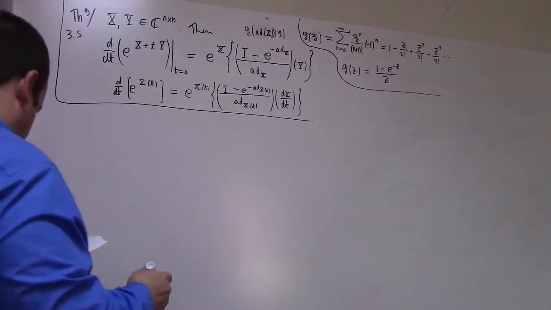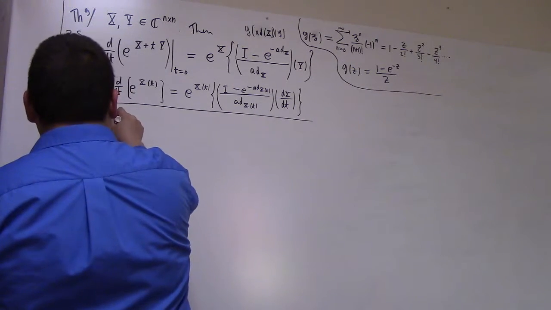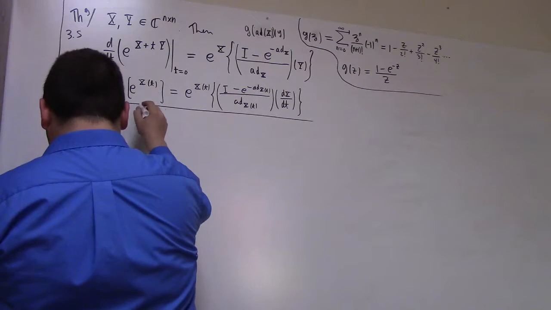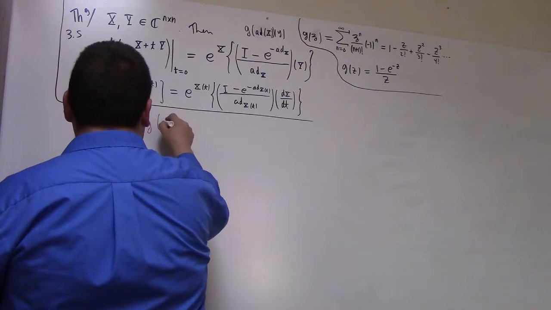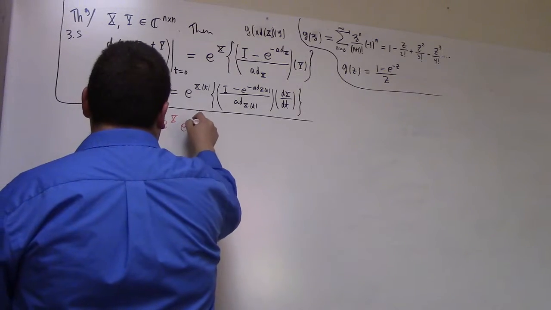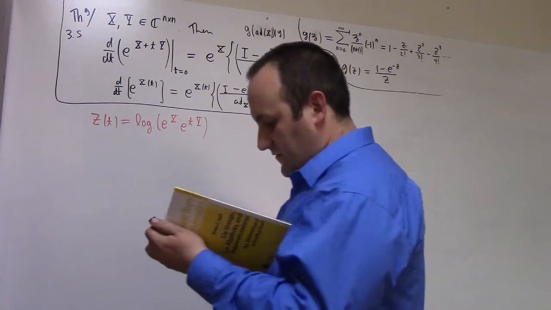So first of all, we define z of t to be the log of e to the x times e to the ty. And I believe this is for fixed complex n by n matrices x and y.